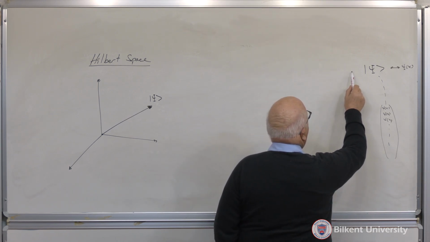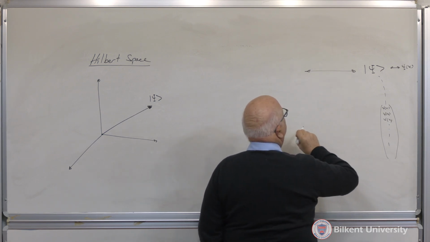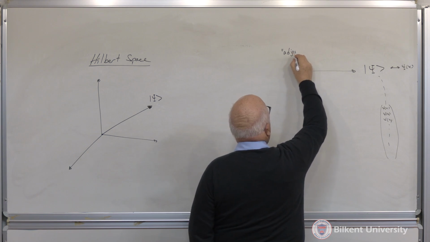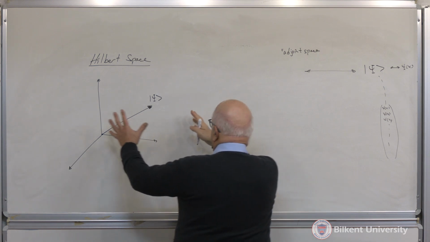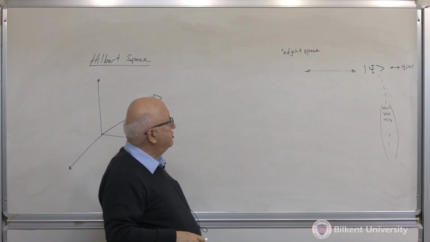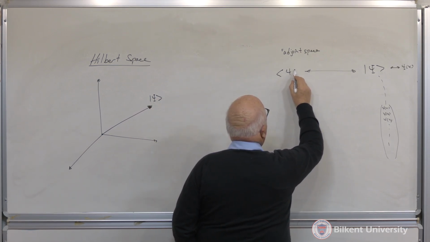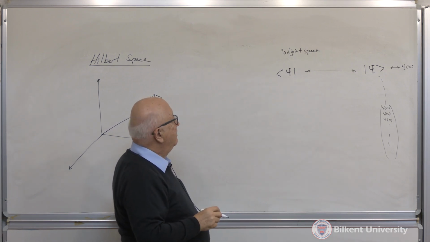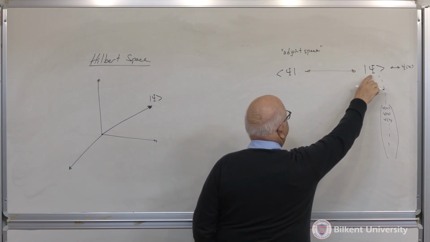Okay, we have a dual space. We call this the adjoint space. Okay, so that's a different space from this one, but it's very similar in structure. And we show the vectors in that space like that. So that's, remember, a bra vector. Okay, and that's a ket vector.